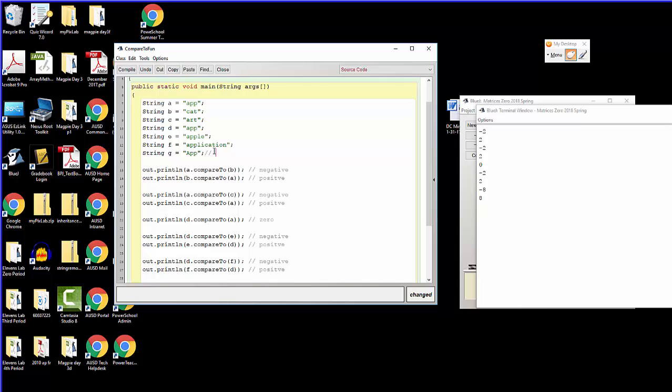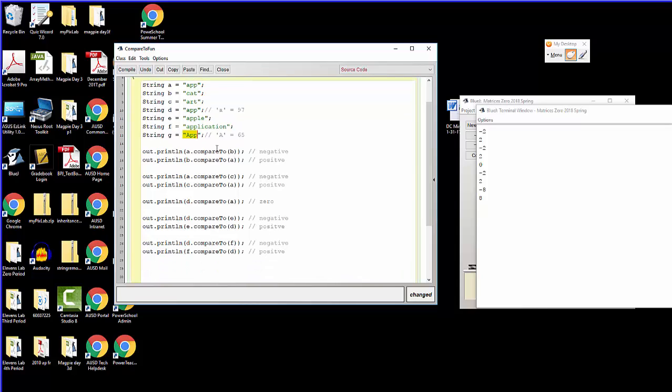This A here is 65, and this A up here is 97. So Java is going to put uppercase letters first in the dictionary.